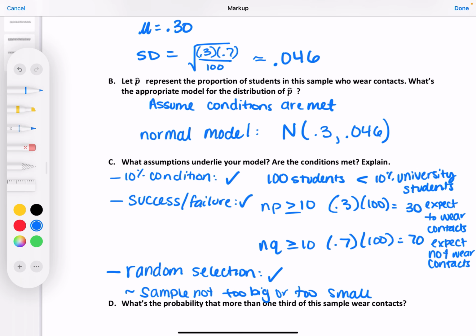There's not a written rule of what's too big, within reason. If there are 10,000 students at your school and you survey 9,950 of them, that's ridiculous. The sample would be huge comparatively to the rest. You know what I mean? Makes sense.